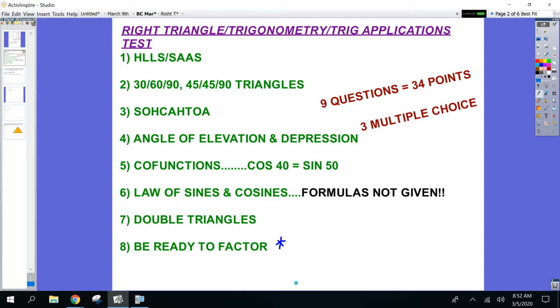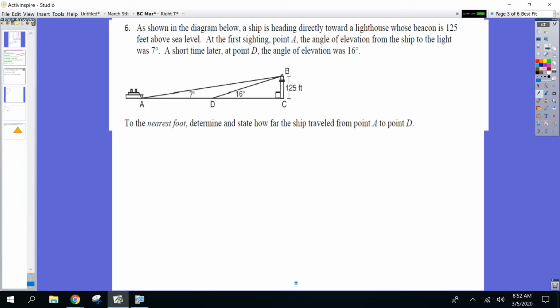In your packet, number 6, we're going to start out with that one. We're looking for the distance the ship traveled from point A to D, so AD.